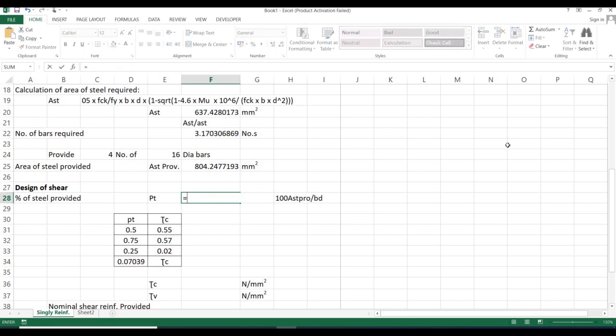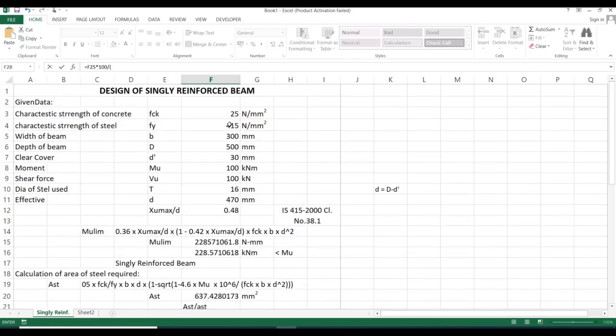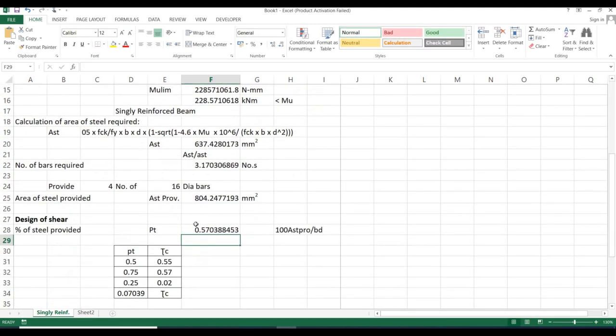So I give Ast provided into 100 divided by 300 into d. This is how I can calculate. This will be 0.57, so this is my pt.